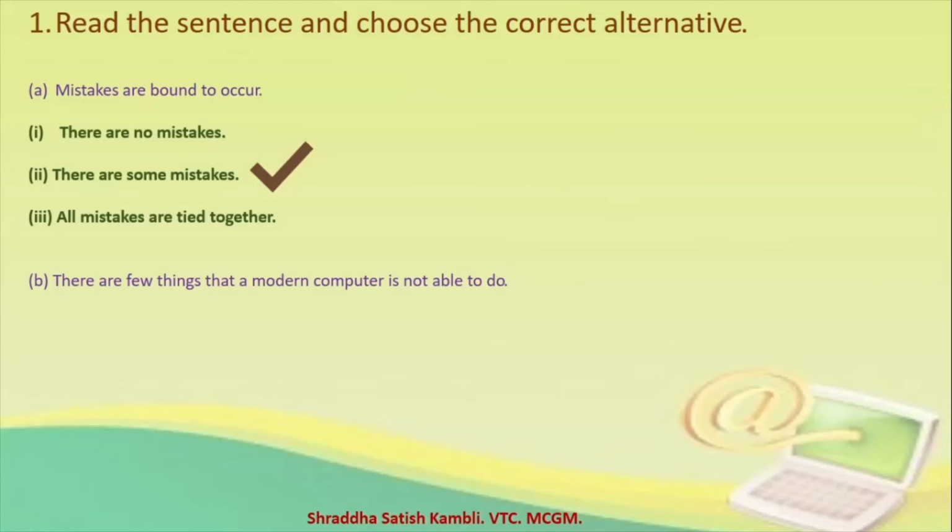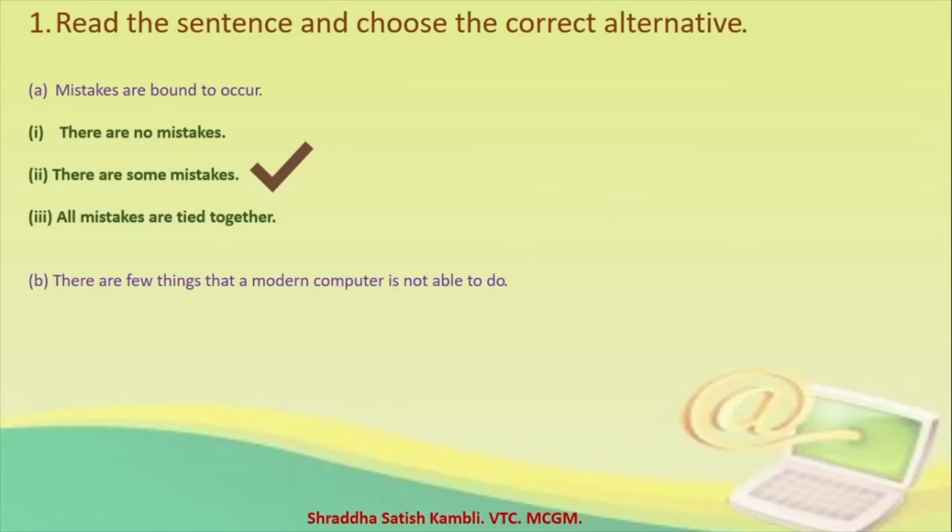So, whichever way you try to work, however diligently, however carefully you try to work, there are some mistakes which will happen, which may happen. So you should always consider that. It doesn't mean we are not good at our work, but sometimes human beings do commit mistakes.